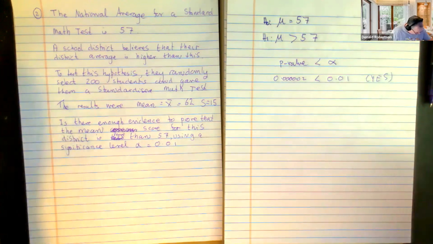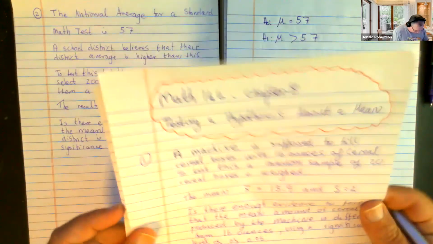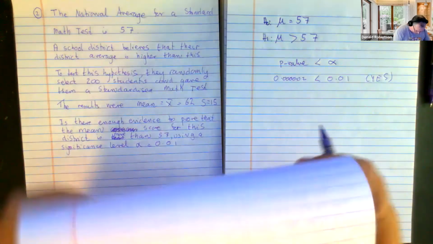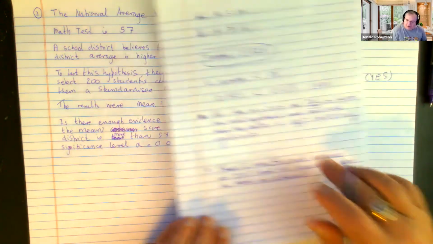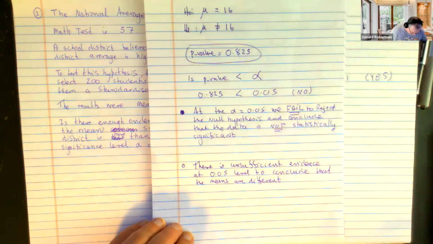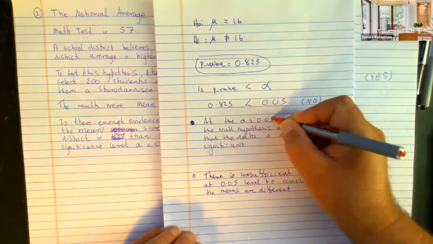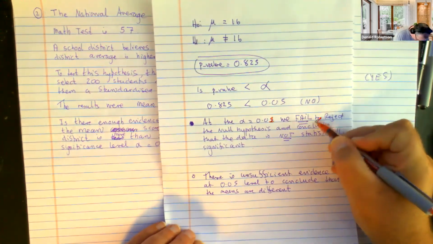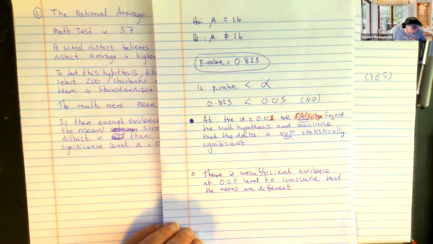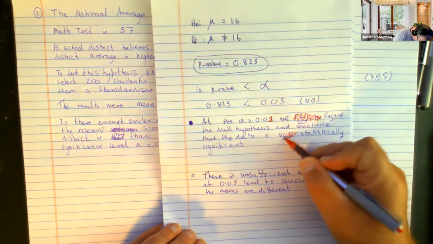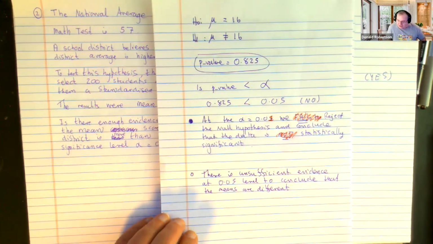And since I am lazy, have I got that guy handy? Yes. Won't I use a version of these two sentences? But it will look like this. At the 0.01 level, we reject the null hypothesis and conclude that the data is statistically significant.